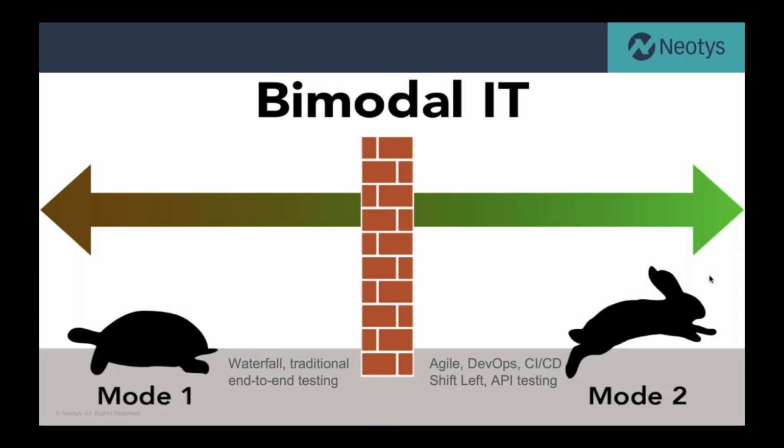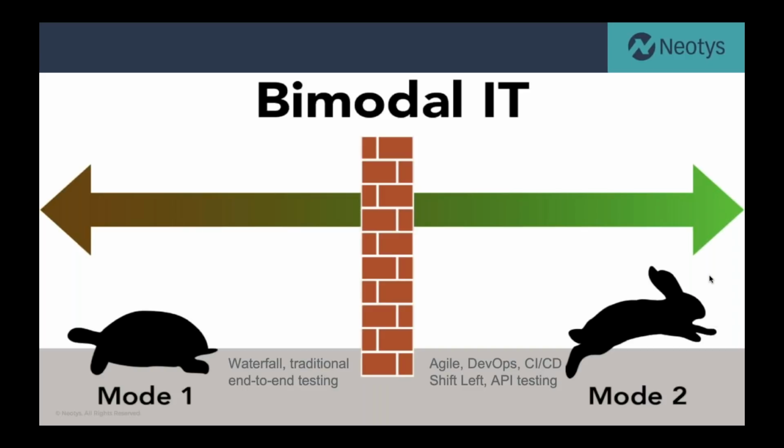Mode one is typically referred to as the Waterfall traditional software development practice, and that's typically used for the end-to-end applications, the big legacy applications or installed applications, things that businesses use to run their internal operations. Mode two is more about being agile and using that process in DevOps, continuous integration.